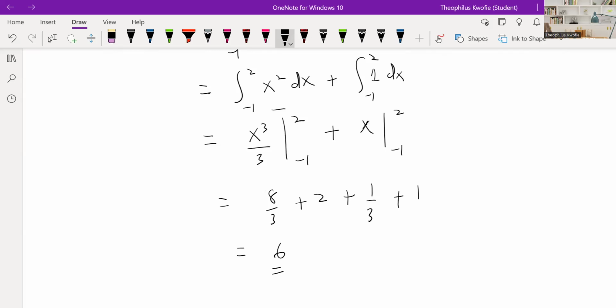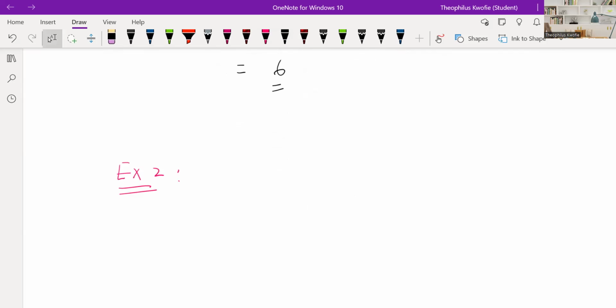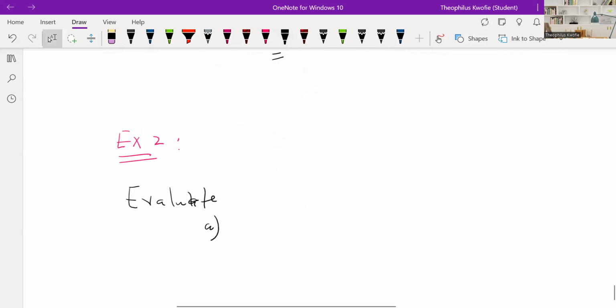What about if I give you example 2? With example 2, if I ask you to evaluate the integral from -1 to 4 of x squared minus x dx.